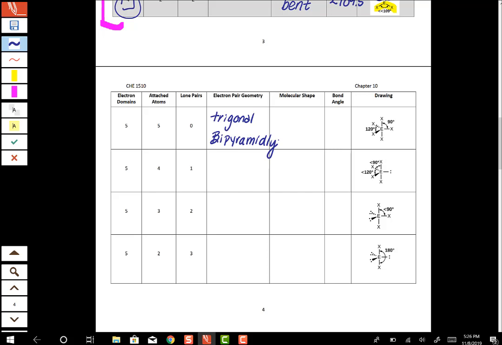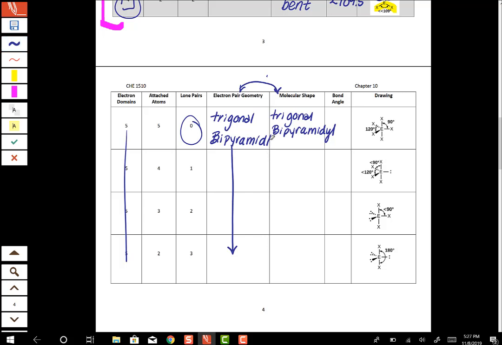Again, when there are no lone pairs on the central atom, the geometry and the shape are the same. And so this is also going to be trigonal bipyramidal. And when you have 5 electron domains, your electron pair geometry will always be trigonal bipyramidal.